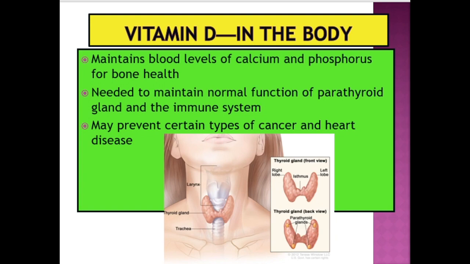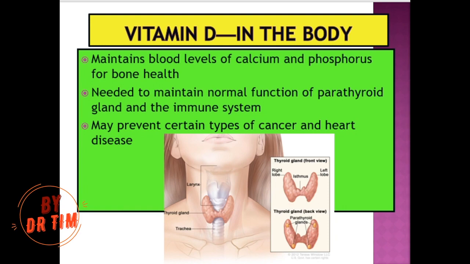Okay, apart from that, vitamin D is also important for the immune system, as the vitamin D receptor is expressed on immune cells such as B cells, T cells, and antigen presenting cells. And these immunologic cells are all capable of synthesizing the active vitamin D metabolite.